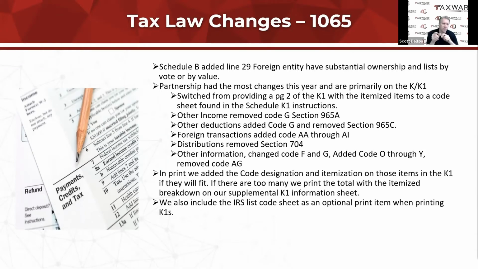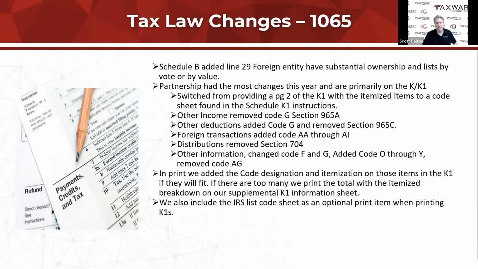I can show you those when we actually get to the print, but I just wanted to draw your attention to it to let you know that there were quite a few code additions to the 1065 K1, which we worked backward through the K. So all those additions were on the K as well.